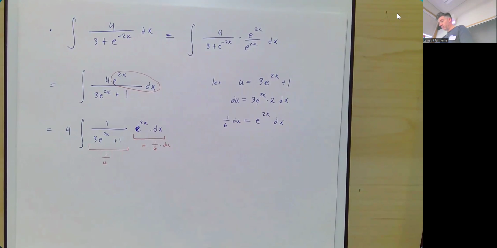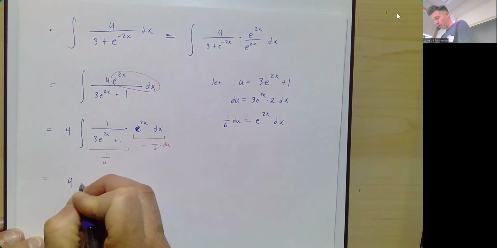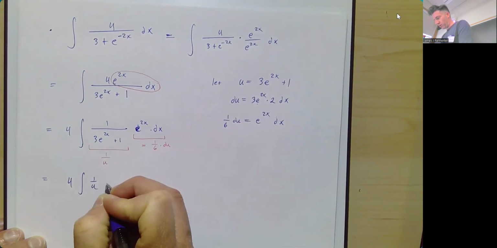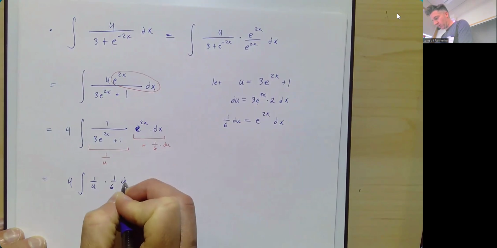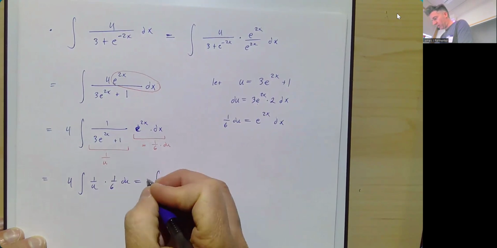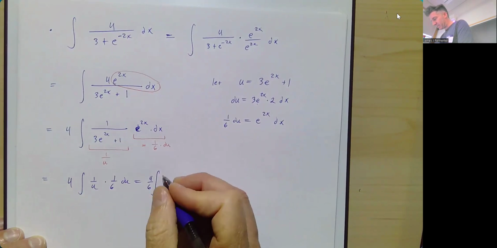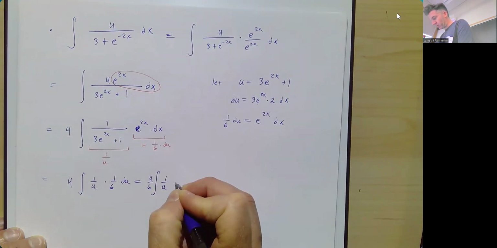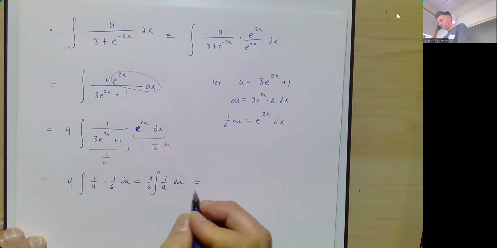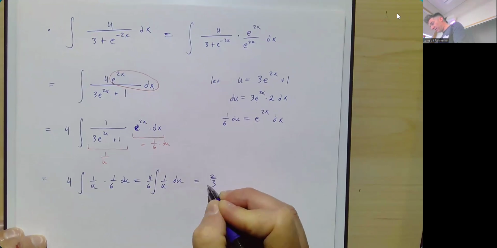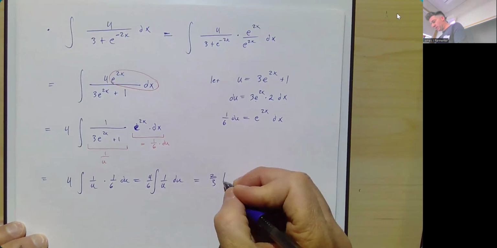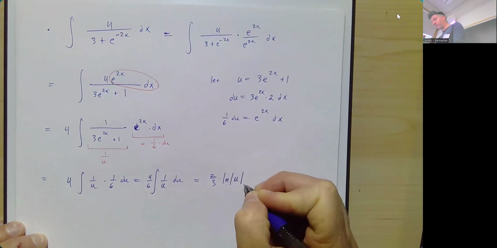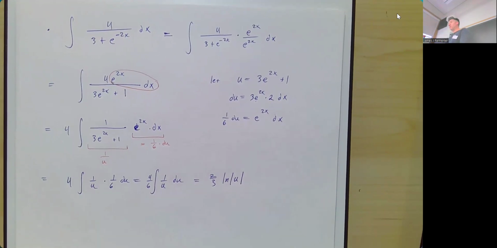So then we rewrite it as 4 times the integral of 1 over u times 1/6 du. I would pull the 1/6 out in front and write it as 4/6 times the integral of 1 over u du. Reduce the 4/6 to 2/3. The integral of 1 over u is the natural log of the absolute value of u. And since I've integrated, what do I need to write now?